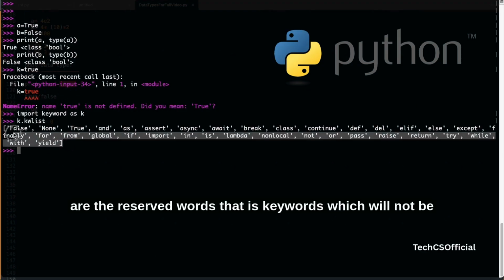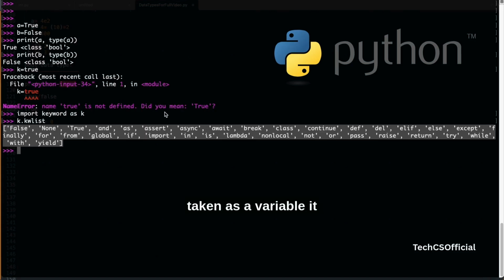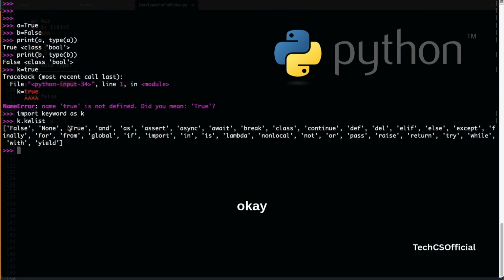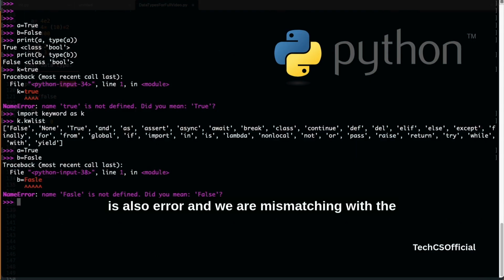These are reserved words, that is keywords, which will not be taken as a variable. It will come as name error, so don't use that. Then we'll move to the next one. a is equal to true, and b is equal to false. This is also an error, we are mismatching the capital letters.